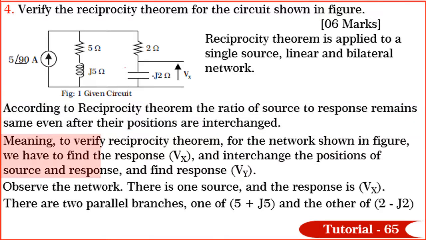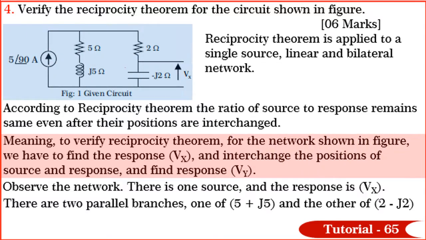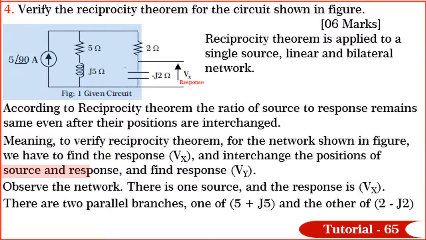Meaning, to verify reciprocity theorem for the given network shown in figure, we have to find the response Vx. Now, observe the network. There is one source and the response is Vx.